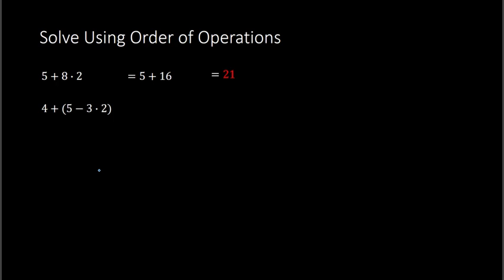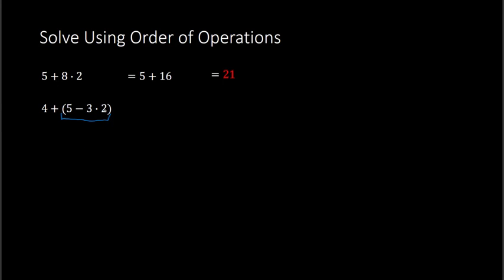Okay, next we have 4 plus the quantity 5 minus 3 times 2. Based off the order of operations, we begin with parentheses. Right? Please excuse my dear Aunt Sally. P comes first, parentheses comes first. So we work within the parentheses, and we still follow the order of operations within the parentheses as well.